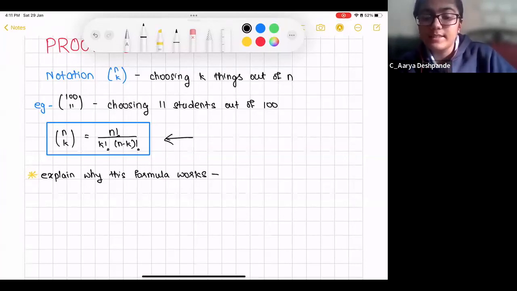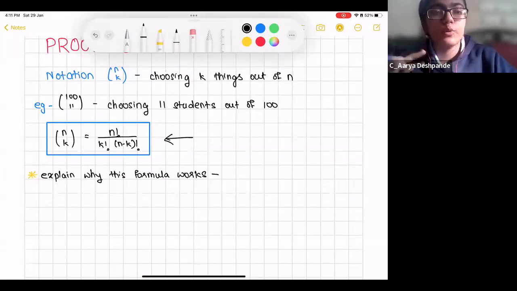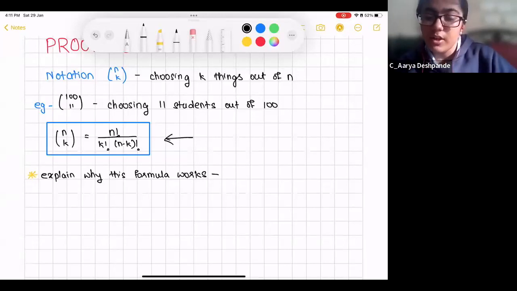But in this case, if we are considering BAD and ABD as the same word because they are using the same letters, then it will be a combination, because both these possibilities are considered the same possibility in a combination. If we are considering a permutation here, the number of possibilities will be 3 into 2 into 1 for each blank.